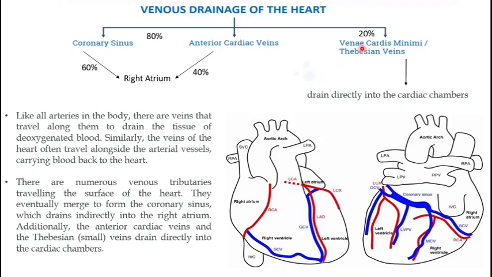And 20% of the deoxygenated blood drains directly into the cardiac chambers by the Thebesian veins, which are very small cardiac veins. So this is how the coronary veins drain the deoxygenated blood from the heart. Thank you very much.